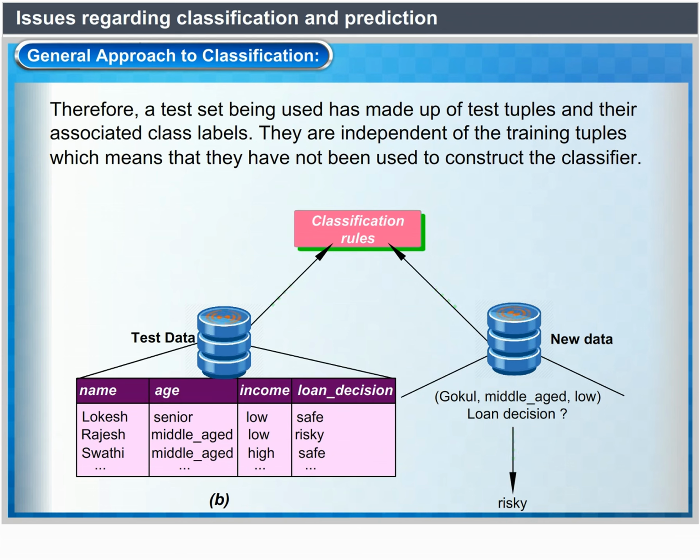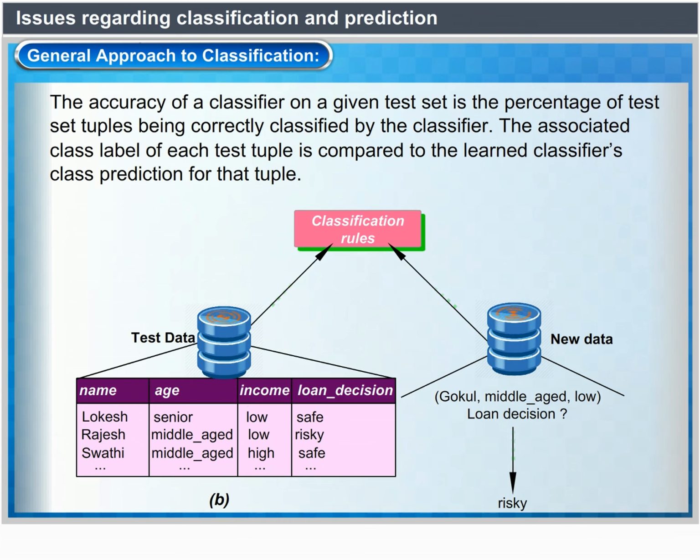They are independent of the training tuples, meaning that they were not used to construct the classifier. The accuracy of a classifier on a given test set is the percentage of test set tuples that are correctly classified by the classifier. The associated class label of each test tuple is compared with the learned classifier's class prediction for that tuple.